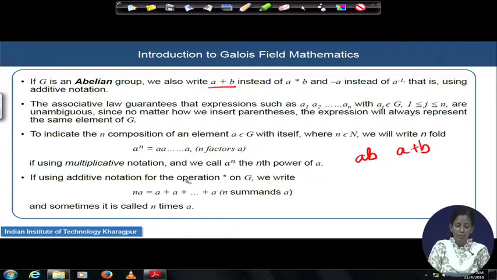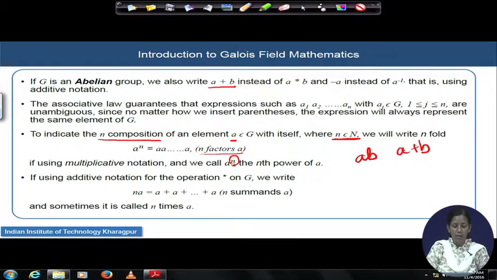Now, we are coming to some more understanding. Suppose we wish to indicate the n composition of an element A belonging to G with itself, where small n can be any value from 1 to capital N. So, we will write the n fold of A. If we utilize the multiplicative notation, we call it n factors of A, which is basically A multiplied n times, and we call it the nth power.